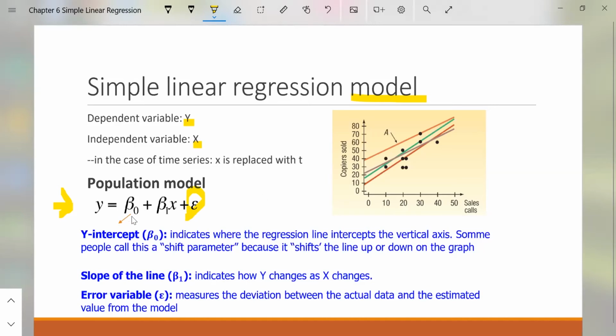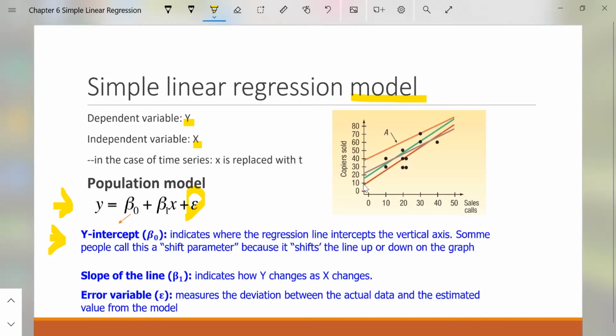The beta 0, okay, and that is called the y-intercept. Some people may call this a shift parameter because the beta 0 will determine where your line starts from along the y-axis, right? Where your line intercepts with the y-axis.